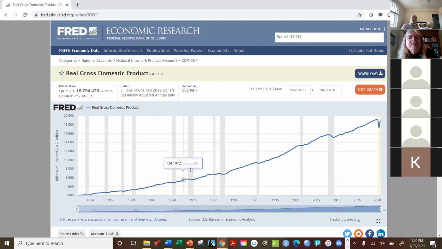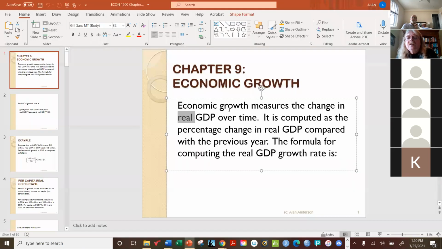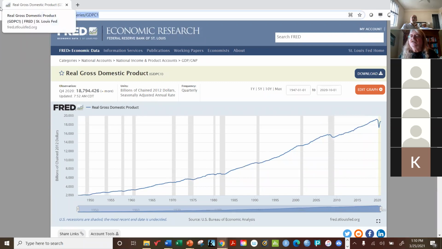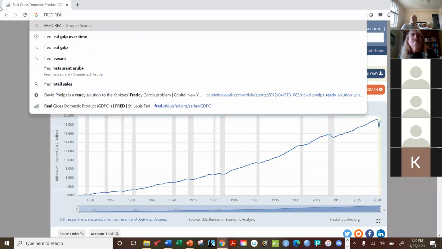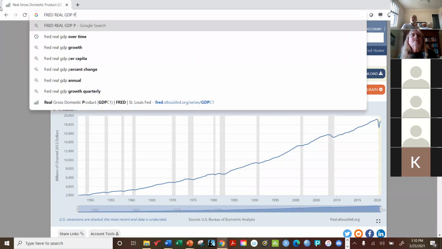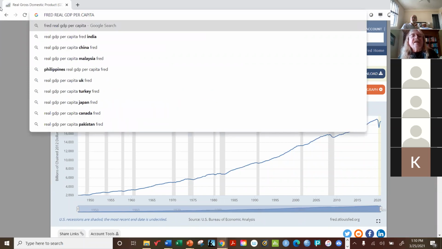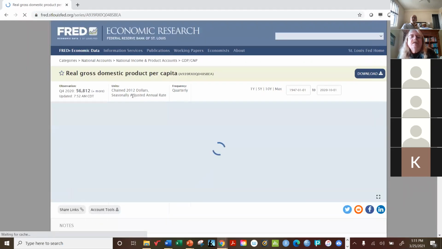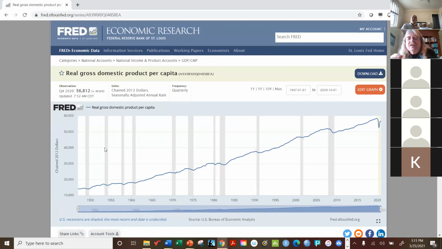Now, another area that economists like to study is real GDP per capita, which means per person, because that tells us how much each individual is benefiting from growth.